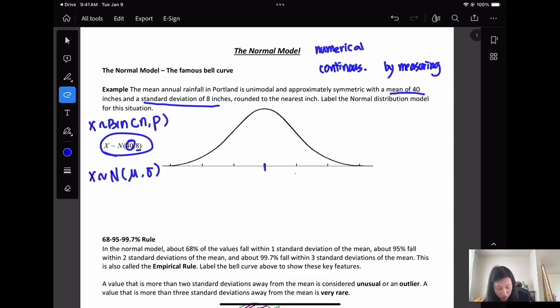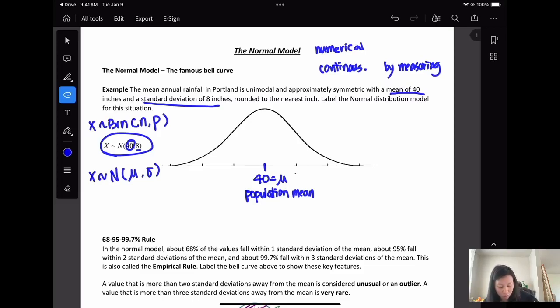So here our center is 40, which is our population mean, mu. This is always labeled in the middle of the curve, and most of the data is going to be located near the mean. The standard deviation characterizes the spread of the normal distribution.